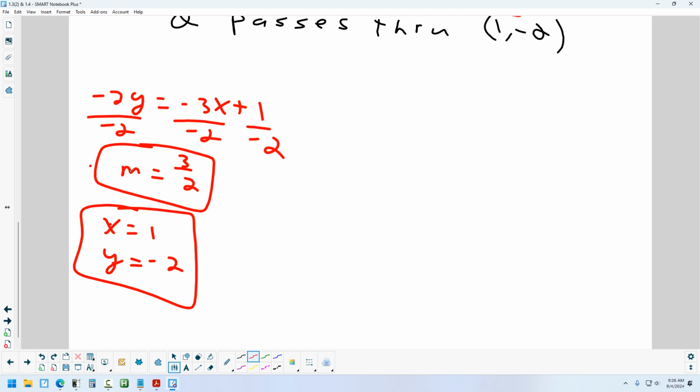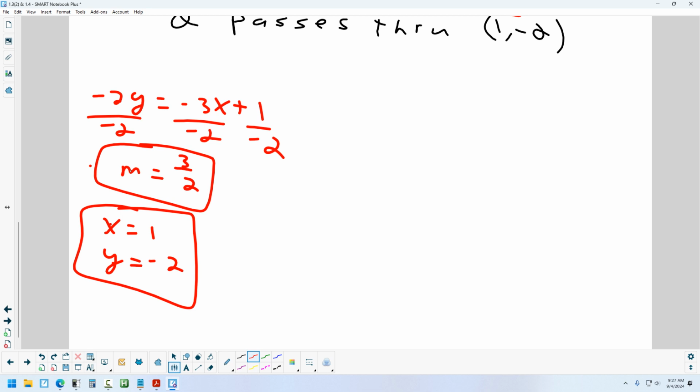What format is perfect for plugging those 3 things in when you want to find the equation of a line? Slope intercept. We need a b for that, because slope intercept is y equals mx plus b. So we don't have a b. But we do have other information that would help us to use a different format other than slope intercept.